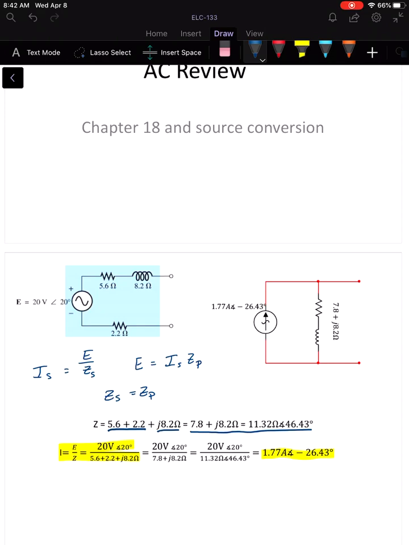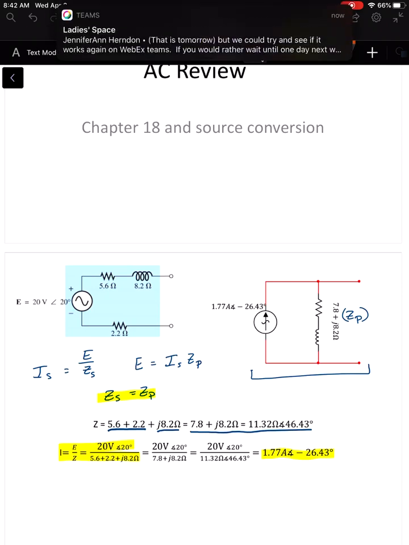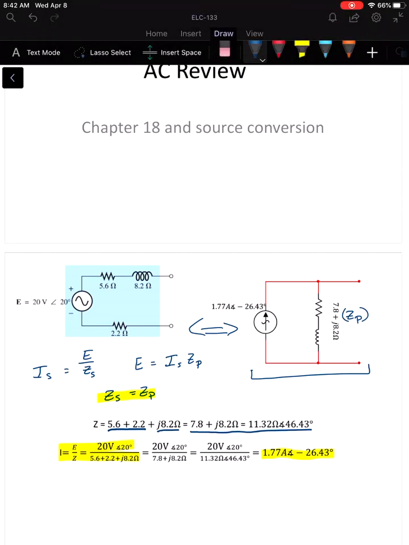So the next step would of course be to place our current source in parallel with that now parallel impedance that we got simply by finding the series impedance from the voltage source. That would be the source conversion, and these two are equivalently the same source.